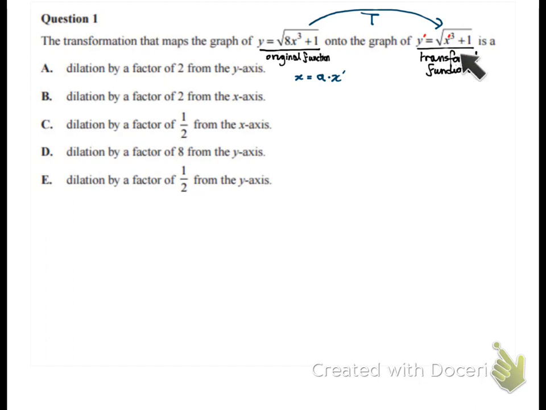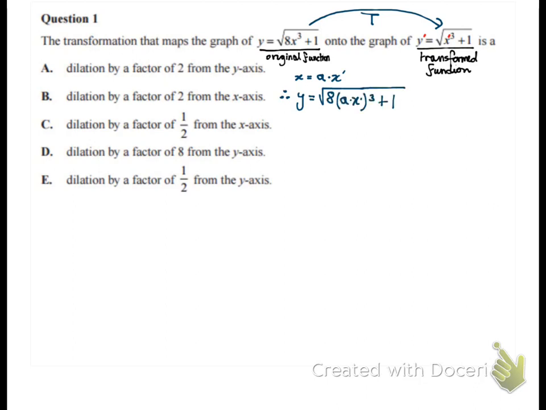Because this is the transformed function, we can denote the pronumerals as y dash and x dash, just to differentiate it from the original xy coordinates in the original function. So we can see that to achieve this part in the transformed function, our original x can be expressed in terms of some factor a multiplied by x prime.